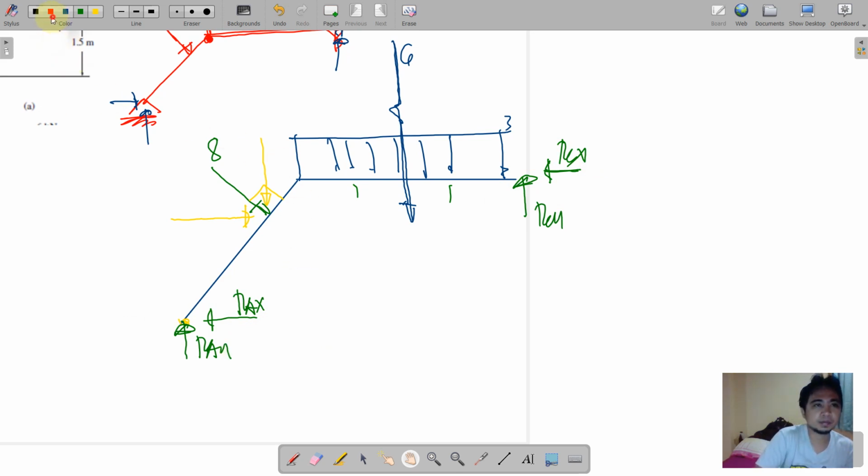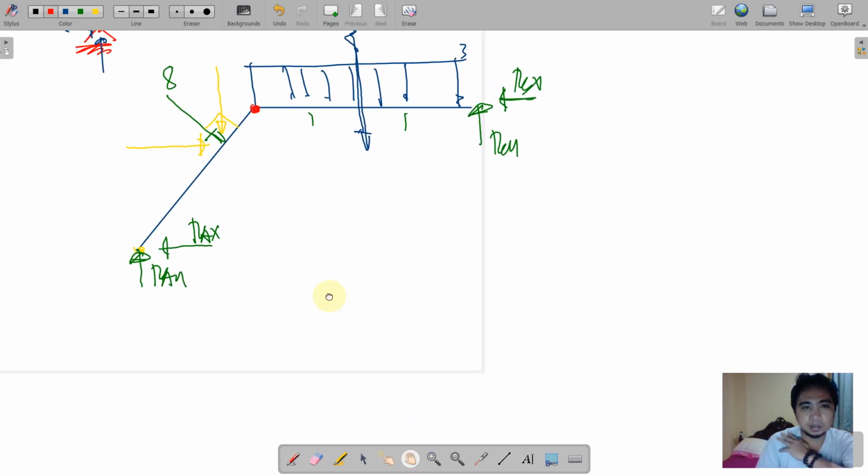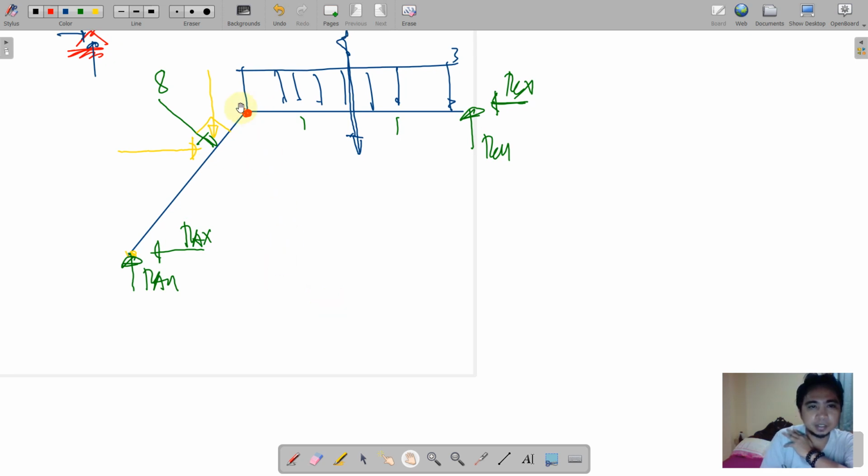However, ang option natin, kapag may pin dyan, we have the option to separate the 2. Okay? So, separating the 2 or detaching this pin actually will make this solvable by the 3 equilibrium equation.